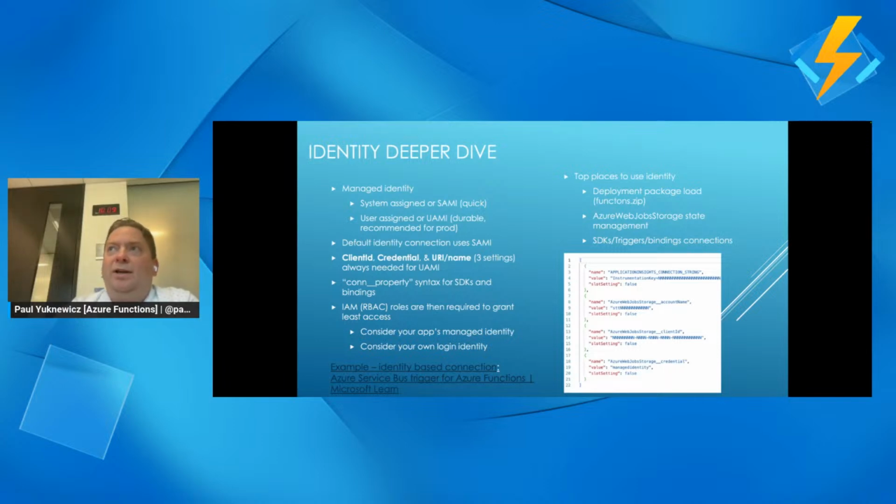Now, when you want an identity that's a bit more durable, like that identity can survive the lifetime of many application instances. Maybe it's issued by you, maybe it's issued by admins. You want it to stick around, then a user assigned identity is really handy for that. Back in the day, we had machine accounts and user accounts. This is kind of like that, but it's done the modern, secure way.